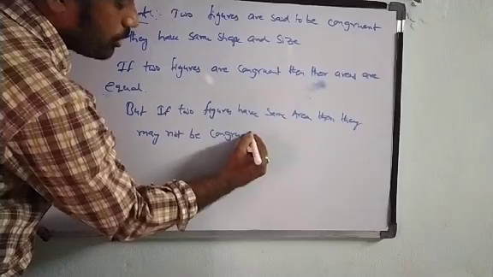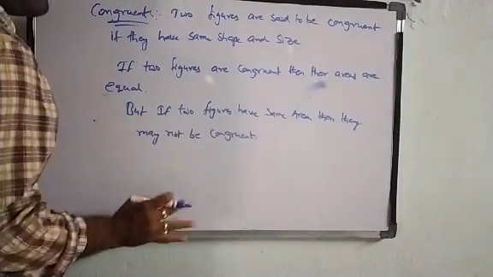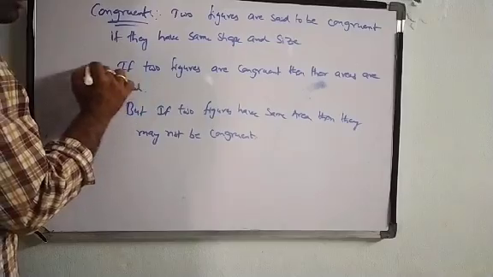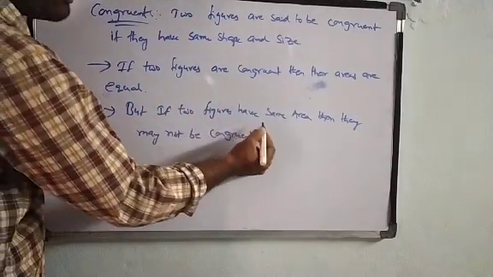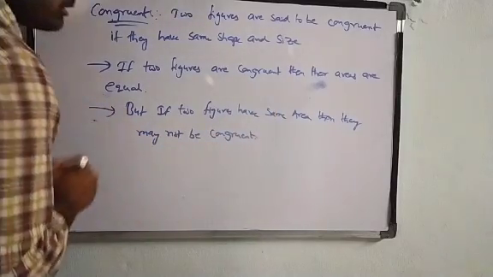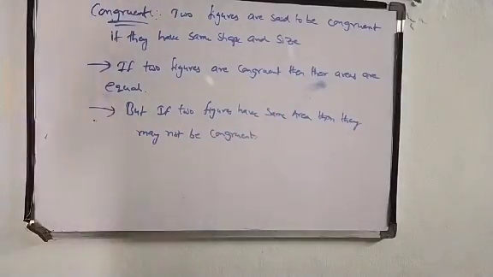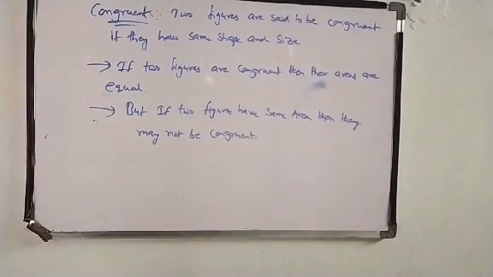There are chances of being congruent, but they may not be congruent also. So we can say that if two figures are congruent, then their areas are equal. But if two figures have the same area, we cannot say that they are congruent. By this we can estimate two points.